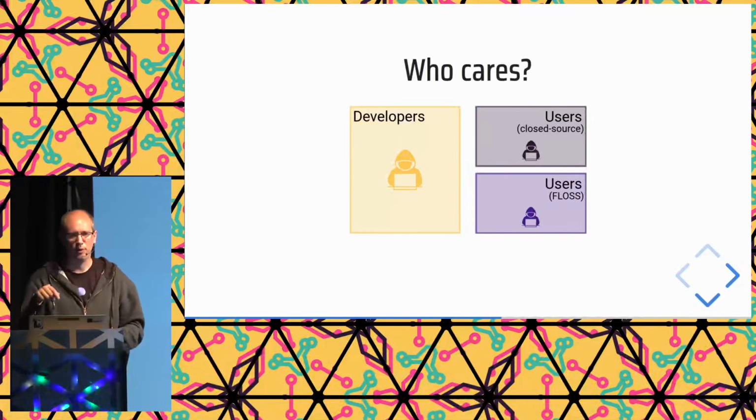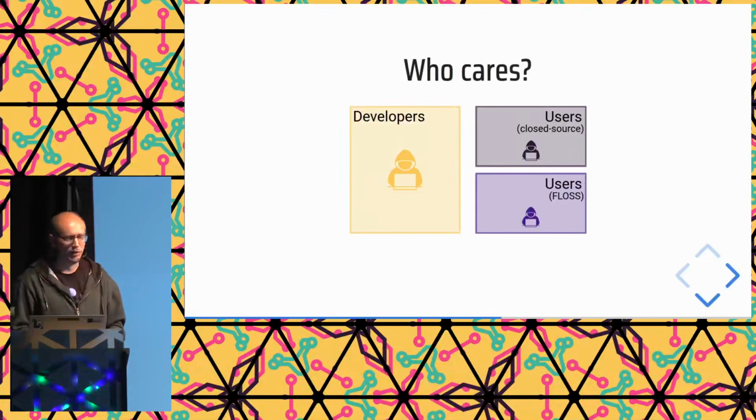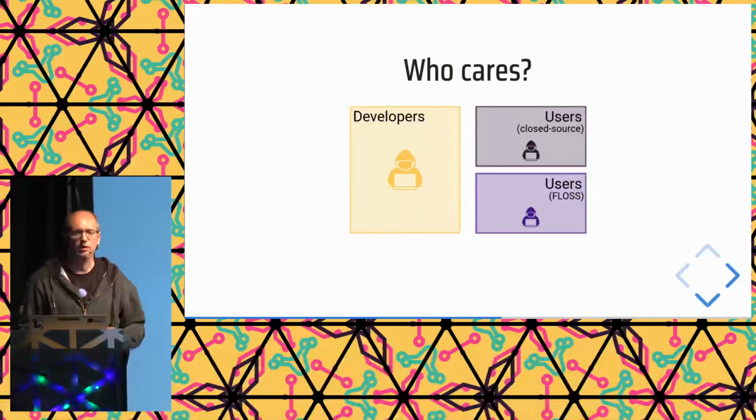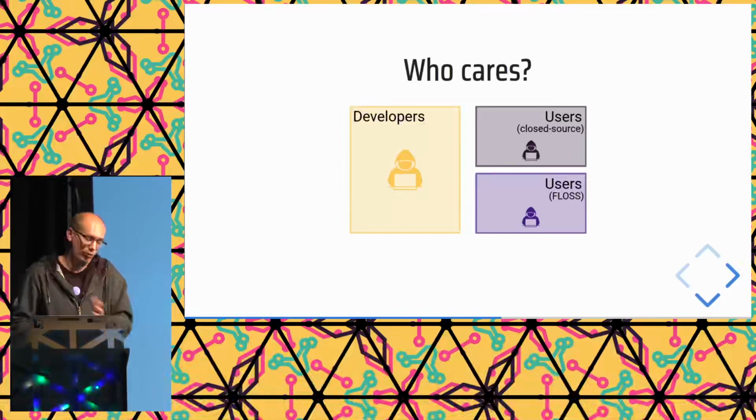If you want to be SLSA level 4, then you need to do reproducible builds, or you have to have a really good reason not to. So at some point you might ask your vendor, can you promise me that your maturity in your software supply chain is at least SLSA level 4? And to be able to say yes, they would have to at least look into reproducible builds, which is nice.